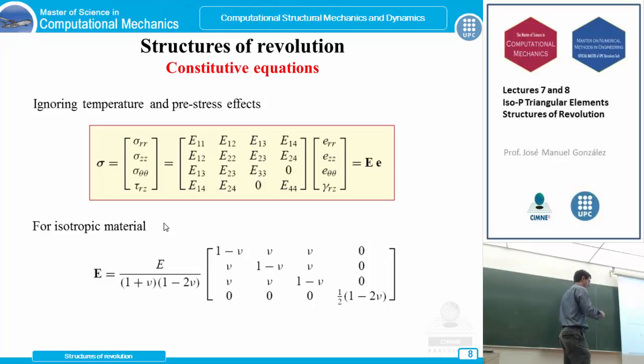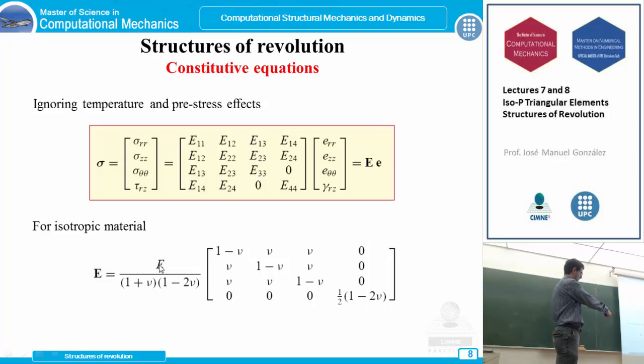And now the relation between strains and stresses is this elastic matrix here. This elastic matrix again involves this 4 by 4 matrix, taking into account this circumferential component and this distortion, which is related directly to this tangential component. And for an isotropic material, we have this elastic matrix relation between strain and stresses.